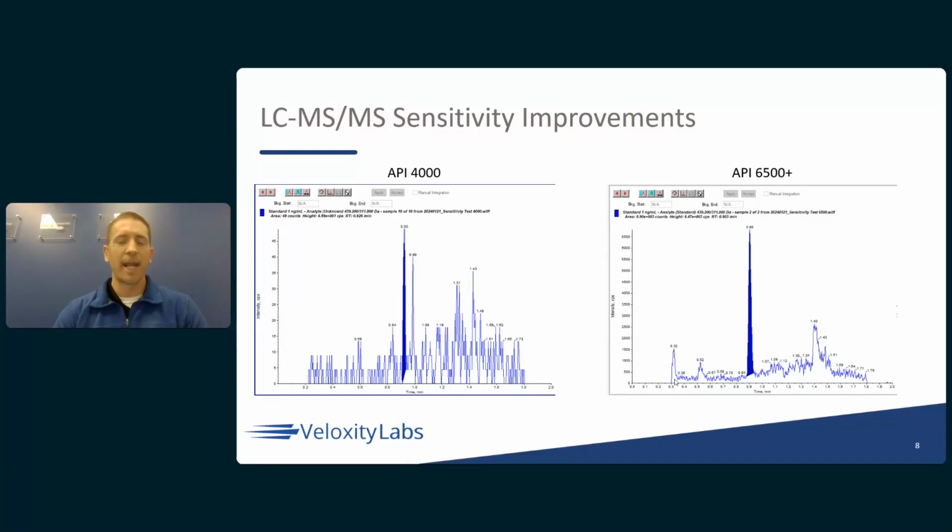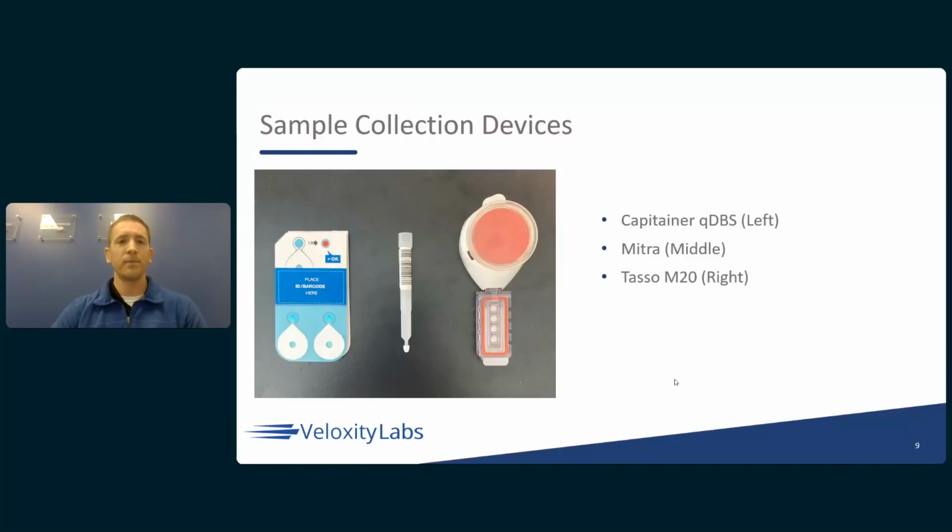This is going to vary from analyte to analyte, but we routinely see anywhere from 10 to 50-fold improvements when comparing the two. So a typical plasma or blood collection of maybe 100 microliters that would need to be used on a 4000 to achieve that sensitivity can be scaled back to maybe 10 microliters and allow microsampling to be implemented in place of traditional plasma collection.